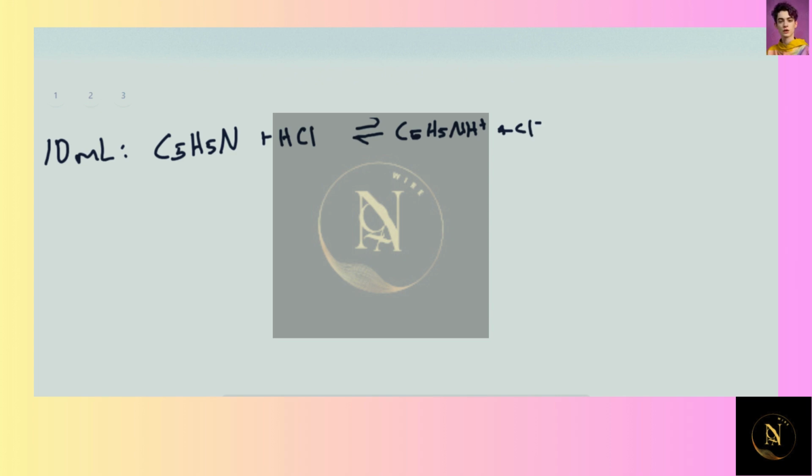For the initial amounts, we'll use moles since we're going to be subtracting the amount of reactant: 0.003125. We have 0.001 moles of acid based on the volume times the concentration.